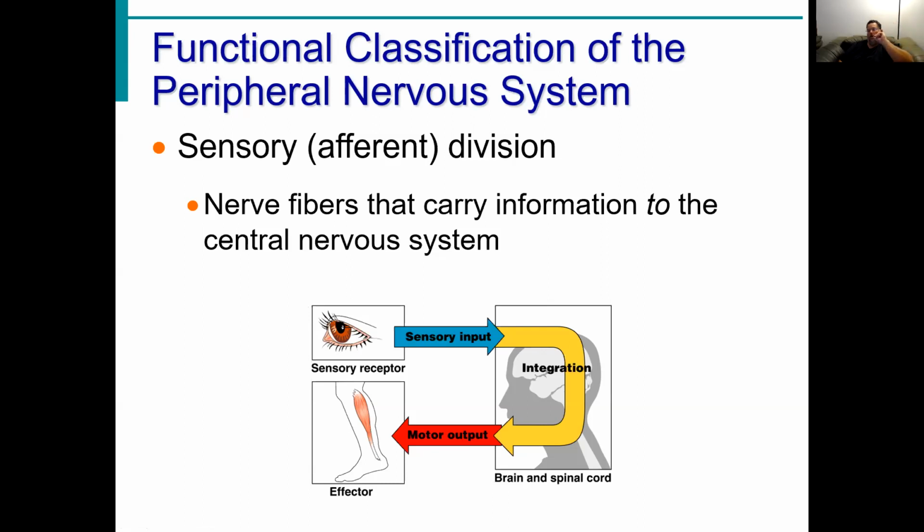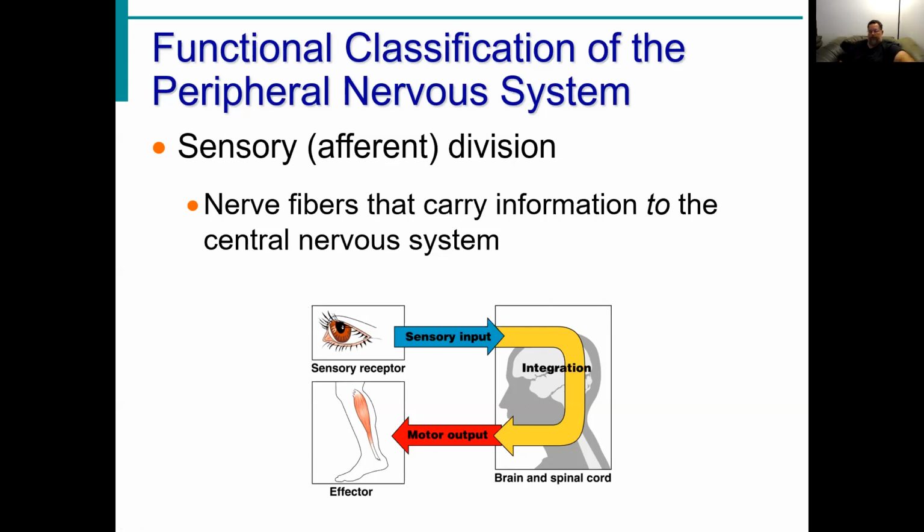Then the information gets processed. And then the information travels back out through the motor output, out through the motor neurons. And we call that efferent, moving away from the central nervous system.